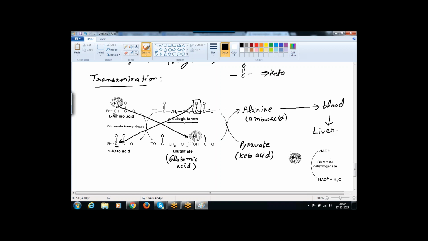Glutamate cannot go out directly, so glutamate will not be helpful. So glutamate has to further give the amino group to pyruvate, making it alanine. Alanine is capable of diffusing out of the cell, so it will diffuse out of cell and come into the blood, and along with blood it will reach liver.